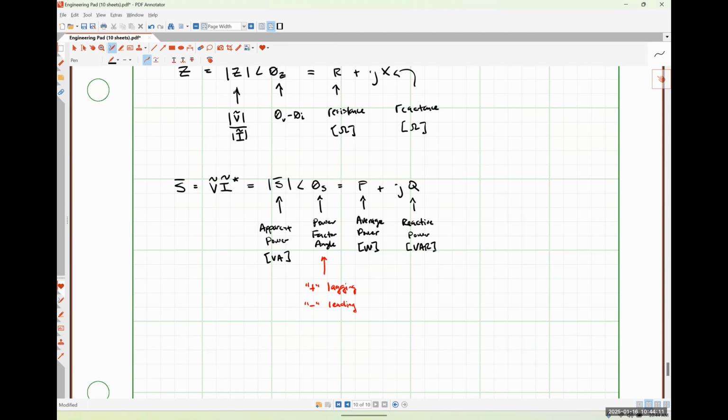Now, some alternative relationships that we might use, and we actually literally just used one of them, is that we can also say that complex power is the magnitude of the voltage squared divided by the conjugate of a known impedance, or it is the magnitude of an RMS phasor current squared times the impedance itself. We don't need to do the conjugate operation. Okay.